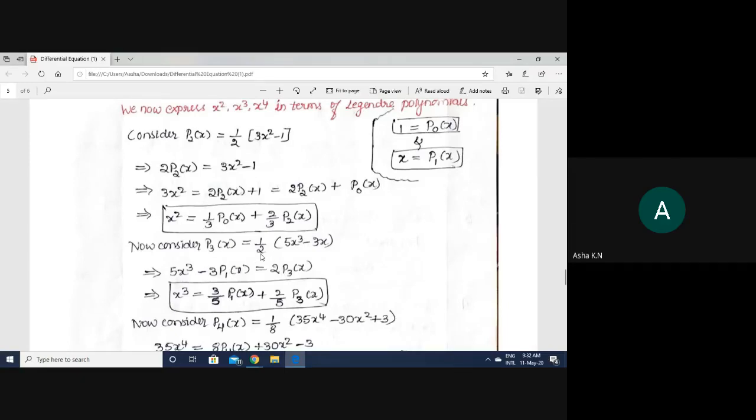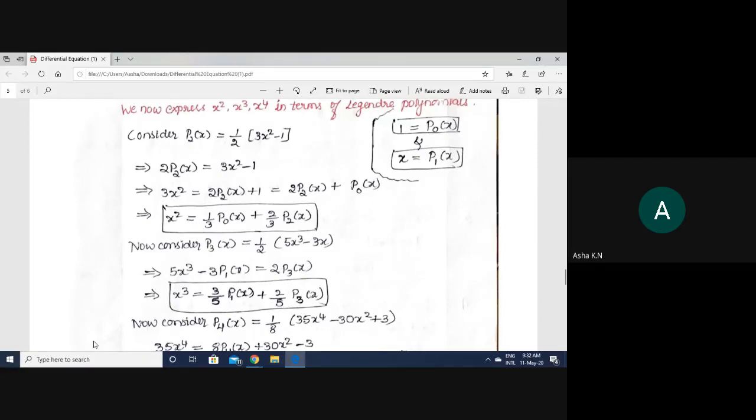This 2, you cross multiply, it becomes 2 P3 of x. Then take minus 3 P1 of x to the right side, and then cross multiply, 5 comes to the denominator. So x cube is in terms of P1 of x and P3 of x.